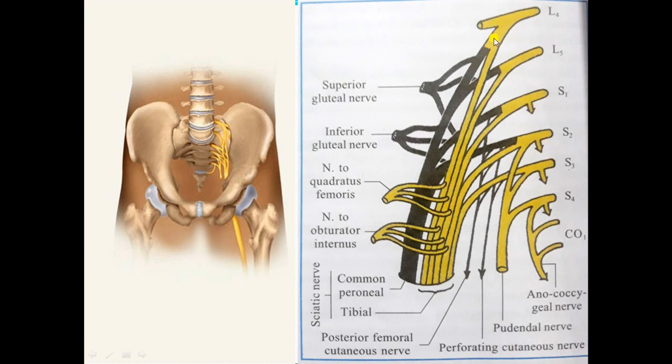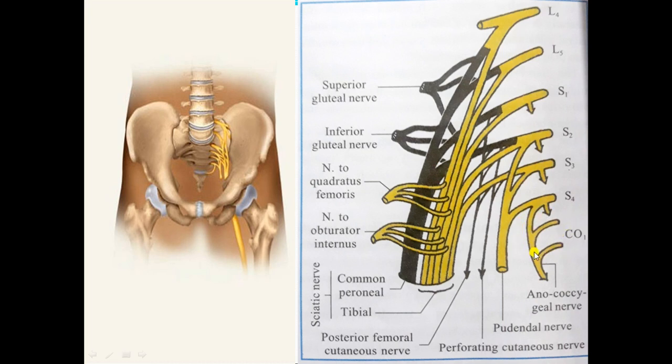And each nerve here is divided into two divisions: anterior division and posterior division, or ventral division and dorsal division, except the S4 nerve. S4 nerve is divided into an ascending branch and a descending branch. Ascending branch is involved in the formation of the sacral plexus. Descending branch descends and joins with the S5 nerve and CO1 nerve and forms the coccygeal plexus.